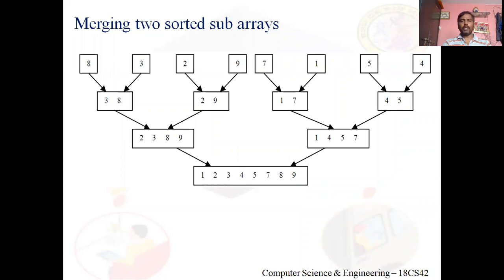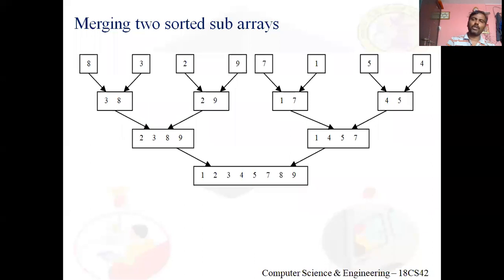I need to compare the elements pointed by I and J, and whichever is lower should get to the final array at K. If the element pointed by I is brought to the final solution at position K, I should move I to the next position and K to the next position, retaining J as it is. Clear?